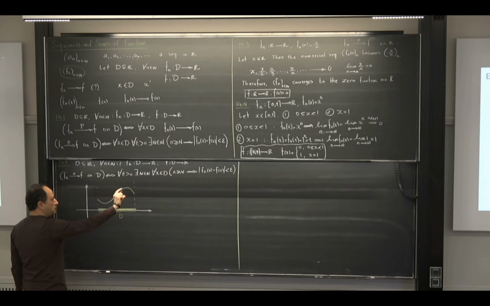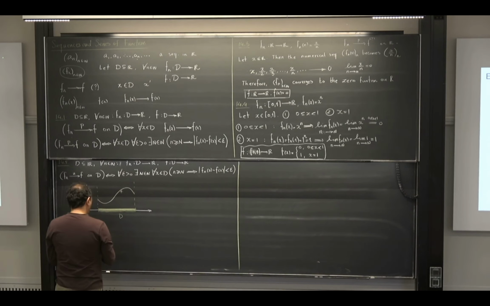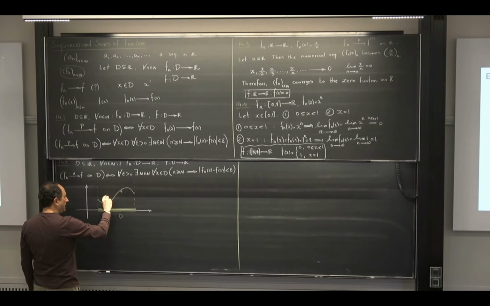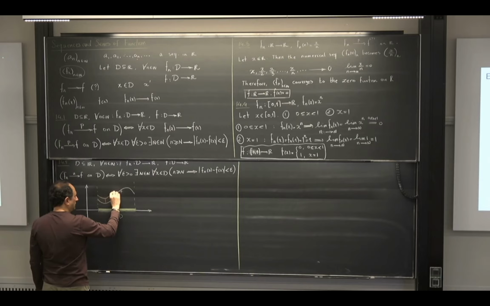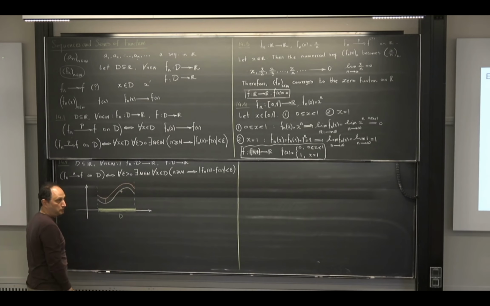Okay, and let us fix one epsilon. This means that I shift this function epsilon upward. I cannot draw it well, but imagine that I am shifting it by epsilon upward. And then I shift it epsilon downward, something like this.